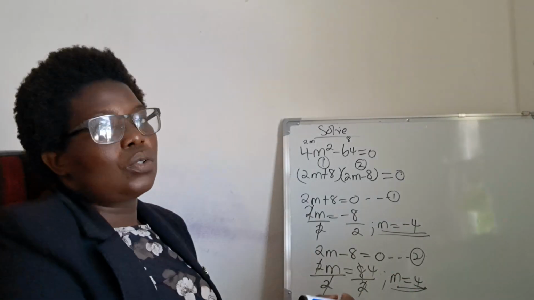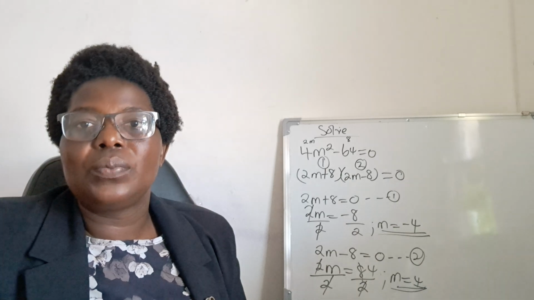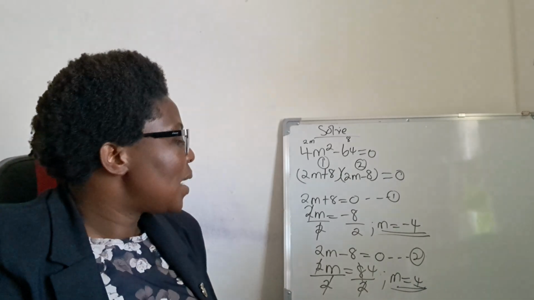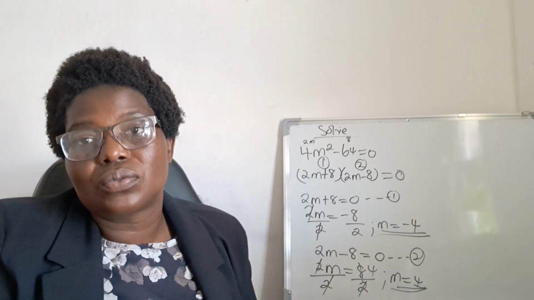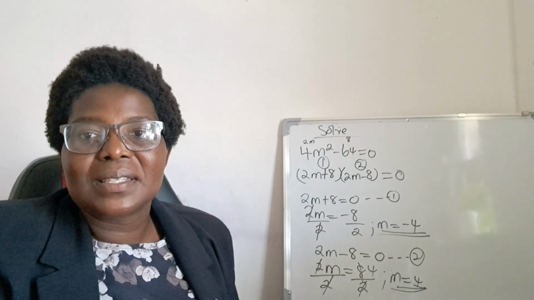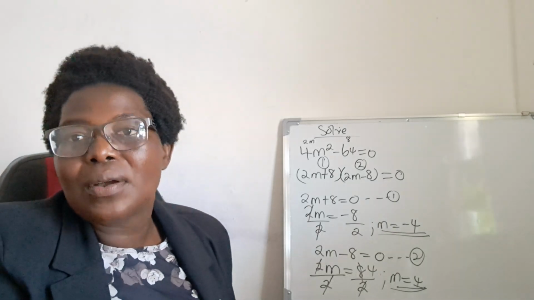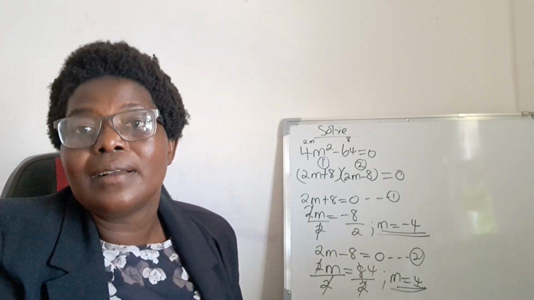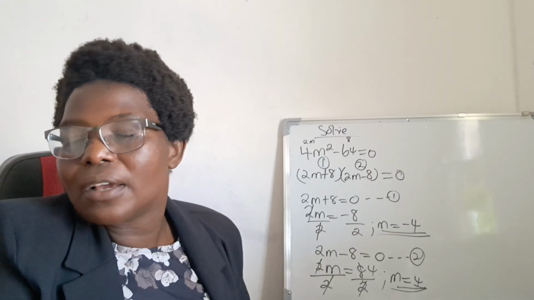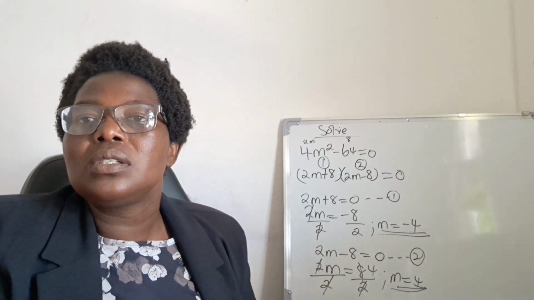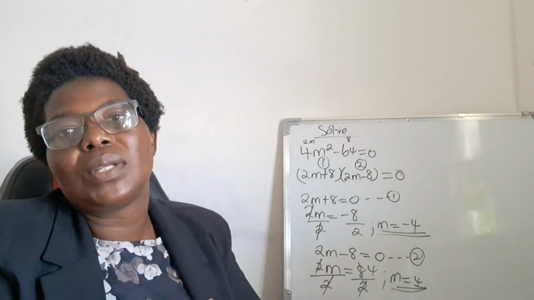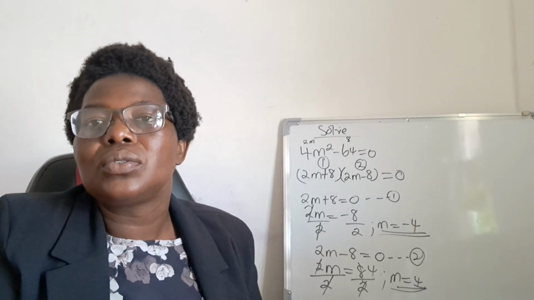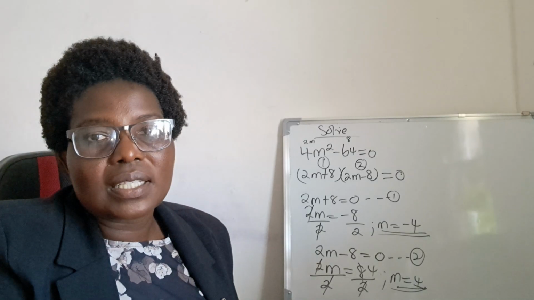So our answers for the expression will be m is equal to minus 4 or m is equal to 4. Good luck with this quadratic expression where we don't use the quadratic formula. Please be careful when you're solving this. You need to check whether all other possibilities won't work until you drive to the quadratic equation.